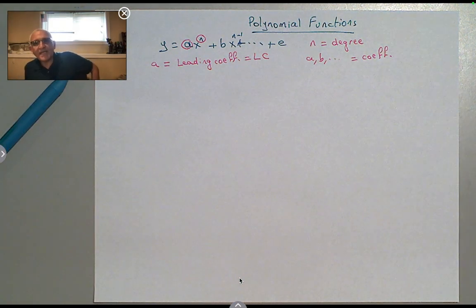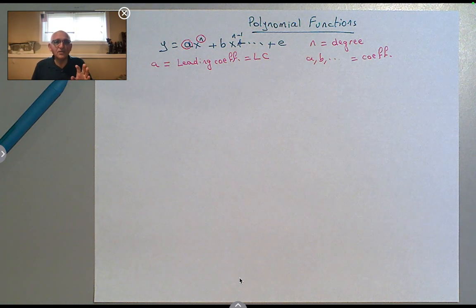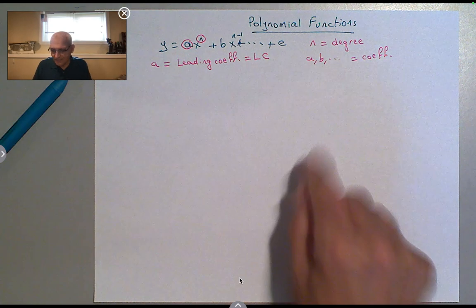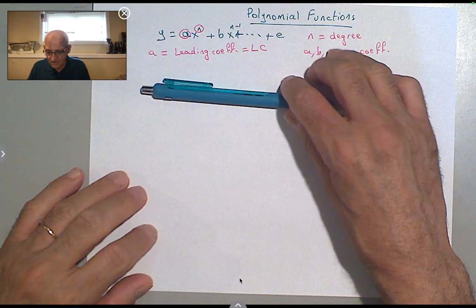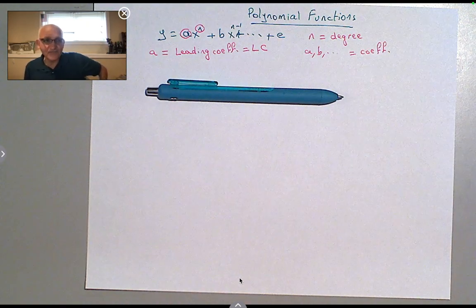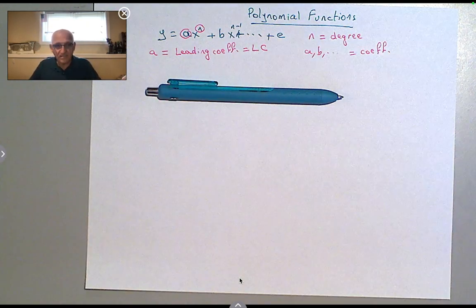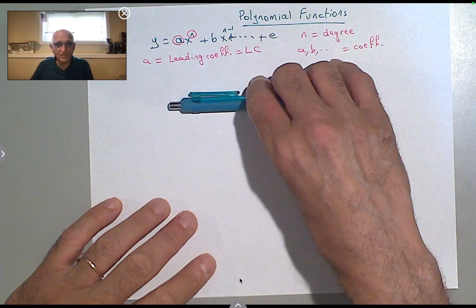Now, consider any polynomial with the power of x anything other than 0, because if it's 0, then you get y equals e. Y equals e is a horizontal line, right? I don't need an equation for that. I know y equals e is a constant, it's horizontal.